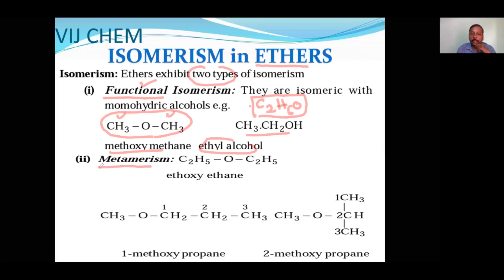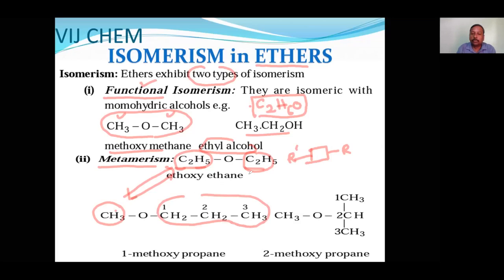Then metamerism. Metamerism means the functional group should be at the center, and on either side the alkyl groups must be different. So let us take ethoxyethane. Here it is ethyl group, but if I write like this, are they both the same? No. Here it is ethyl group, here it is methyl group. And here it is ethyl group, and here it is propyl group. So these two alkyl groups are not the same.